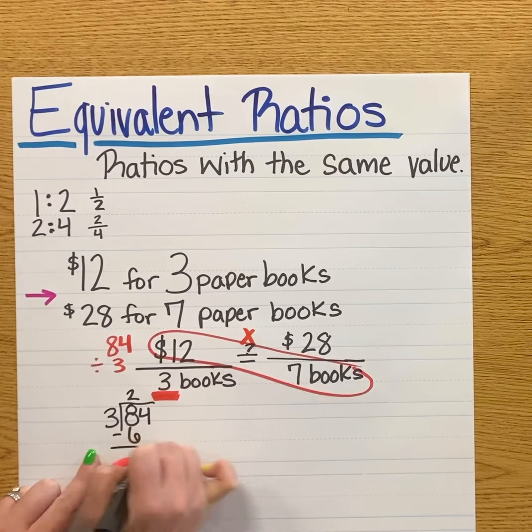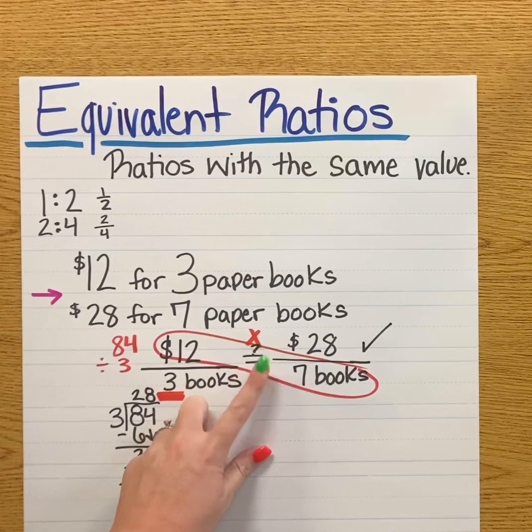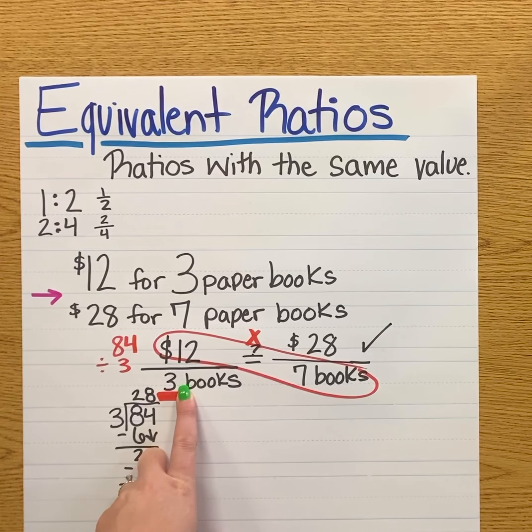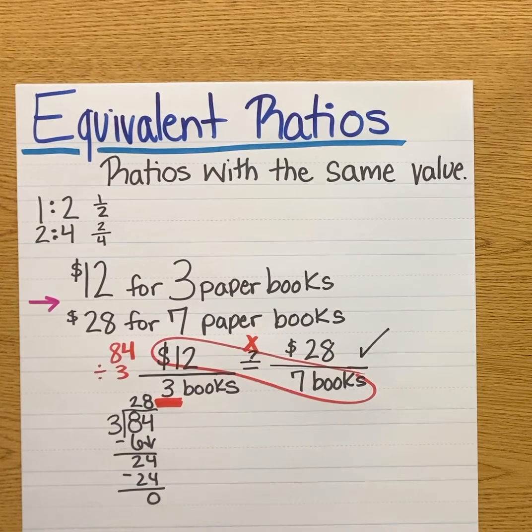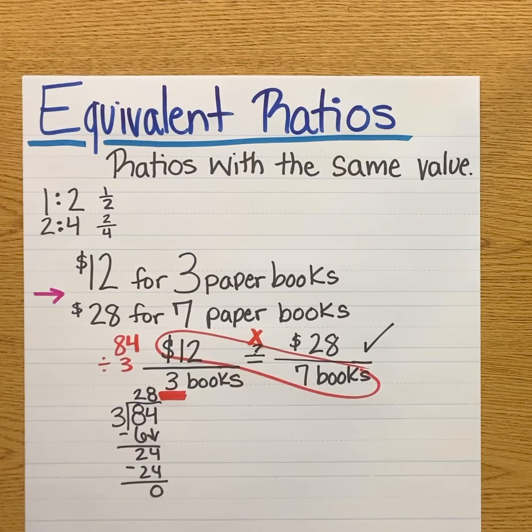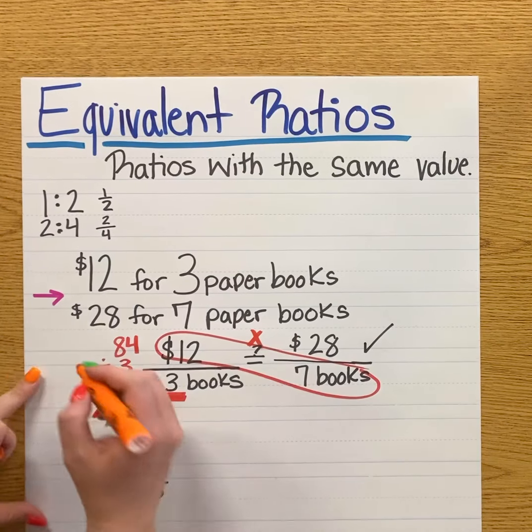Okay, so if they are equivalent, this 28 is our numerator over here. So yes, they are equivalent because I got 28. So I multiplied these two, divided by 3, and got 28. So yes, they are equivalent. Okay, so that is one strategy I can use to solve this.